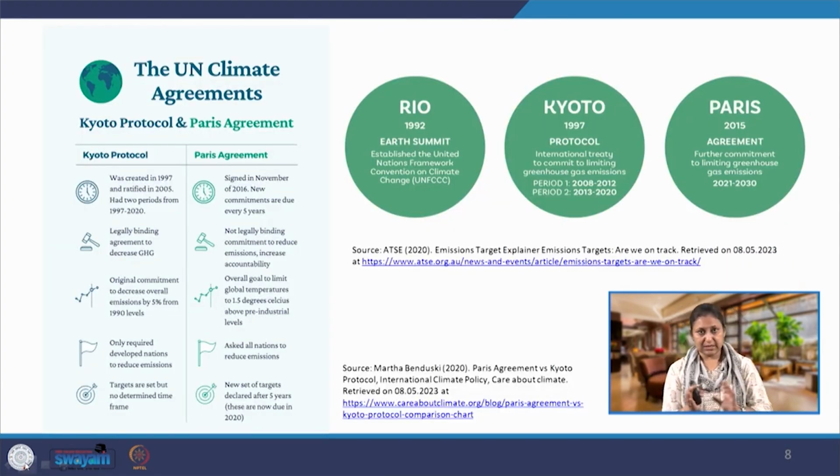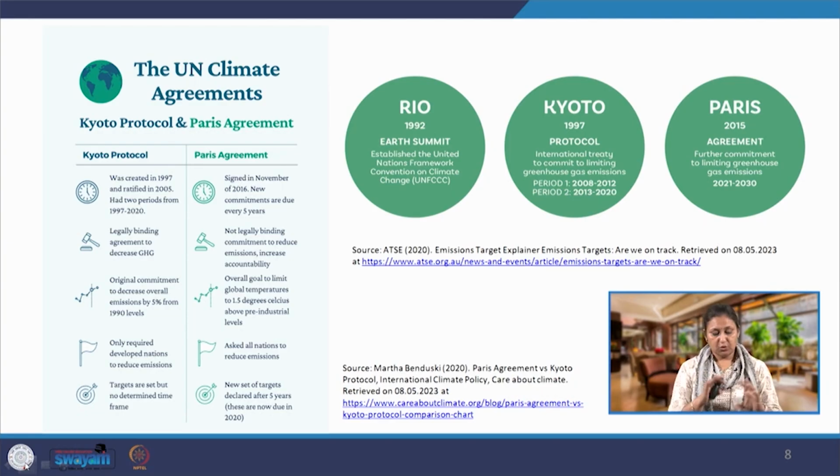Now, if we quickly summarize the differences between the Kyoto Protocol and the Paris Agreement, we already know the timeline. The difference is that the Kyoto Protocol was legally binding for all the signatories to decrease GHG emissions, but the Paris Agreement is not a legally binding commitment to reduce emissions and increase accountability.